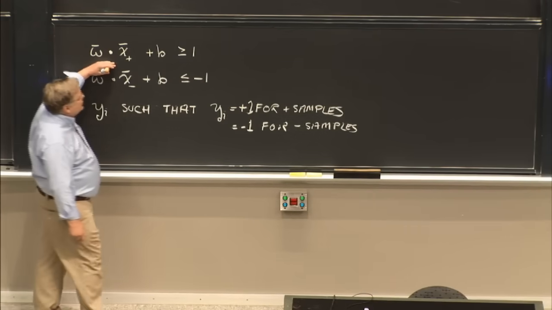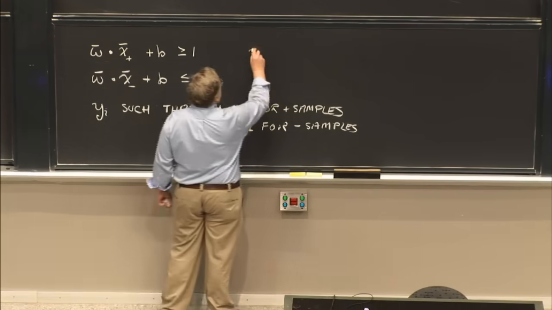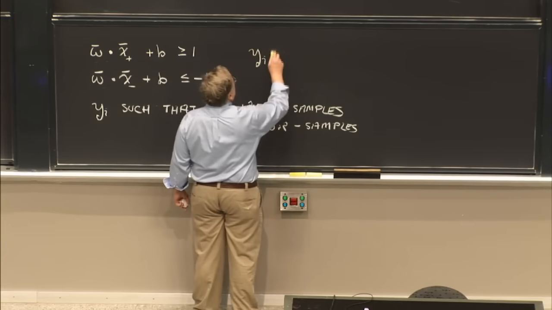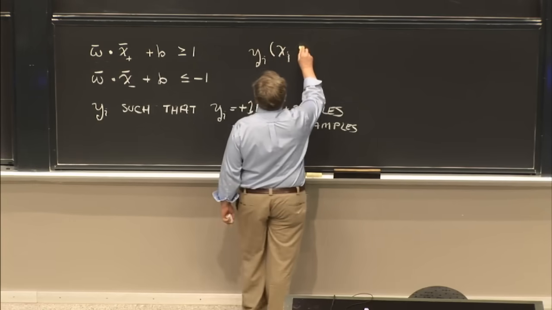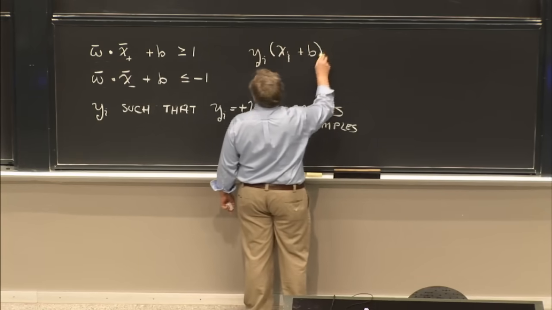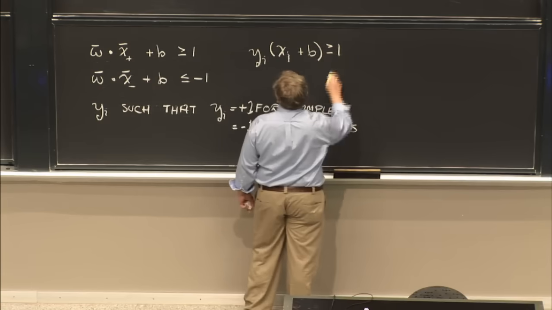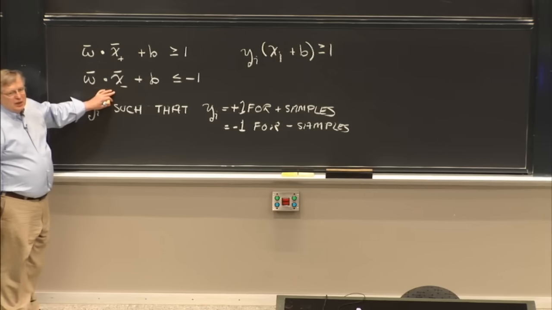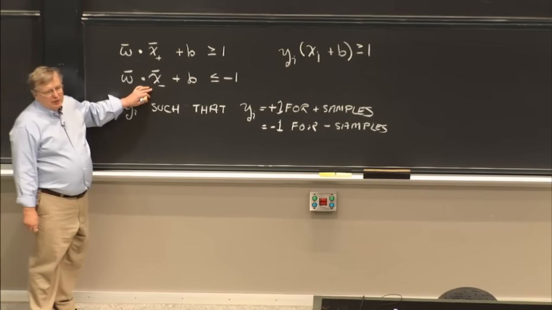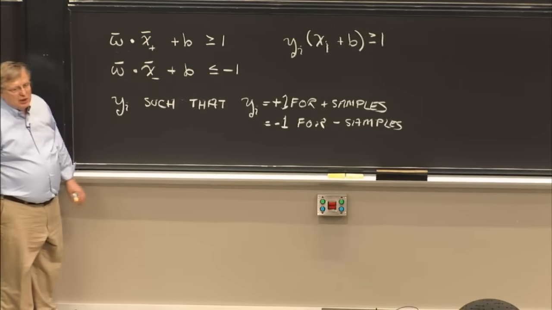So what we're going to do with this first equation is multiply it by y sub i, and that is now y sub i times x sub i plus b is equal to or greater than 1. And then you know what we're going to do? We're going to multiply the left side of the second equation by y sub i as well.